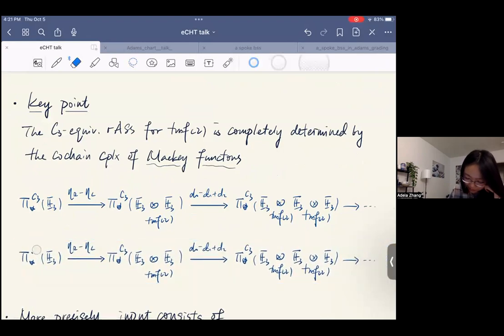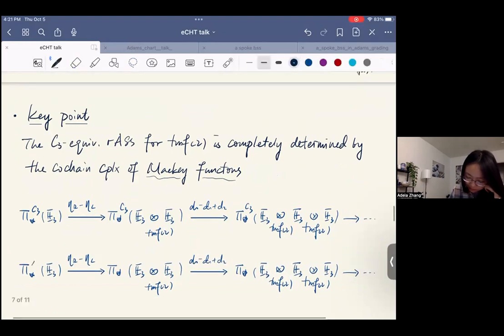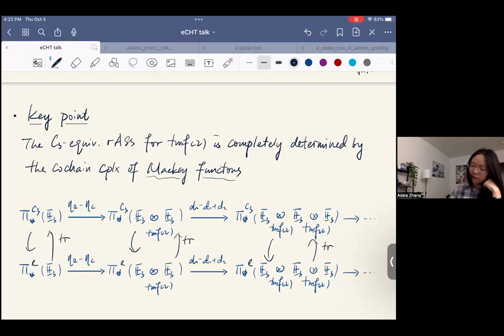We want to change C3 into underlying. So there are transfers and restrictions between these things. And the bottom complex is the cobar complex computing the relative Adams spectral sequence for the underlying TMF2.